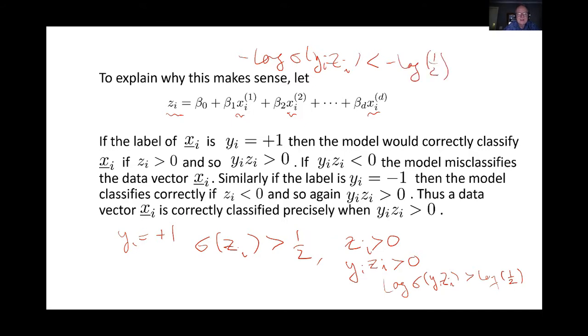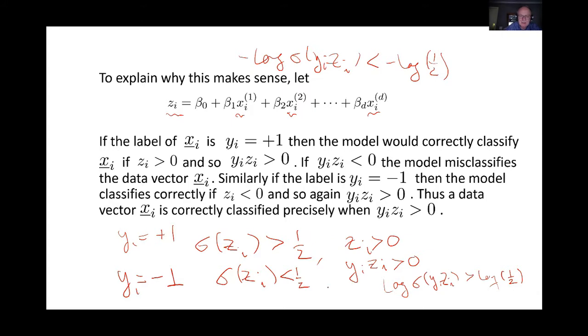Now, in the other situation where yi is minus 1, what do we want then? Then we want that sigma of zi should be less than a half, because that would mean that the model predicts a value of -1. So what would that mean?